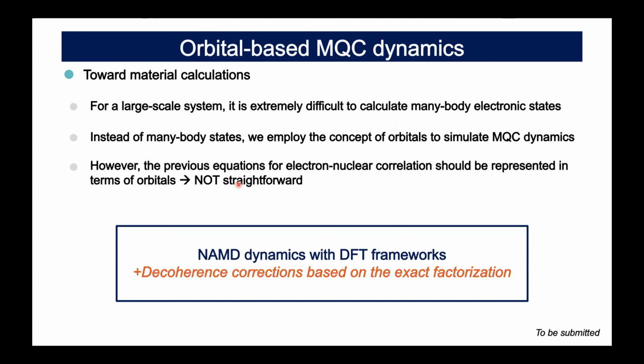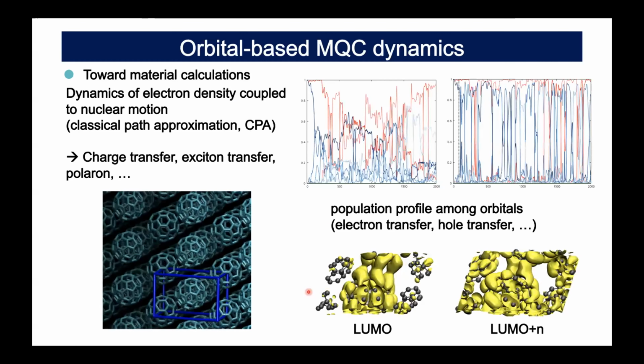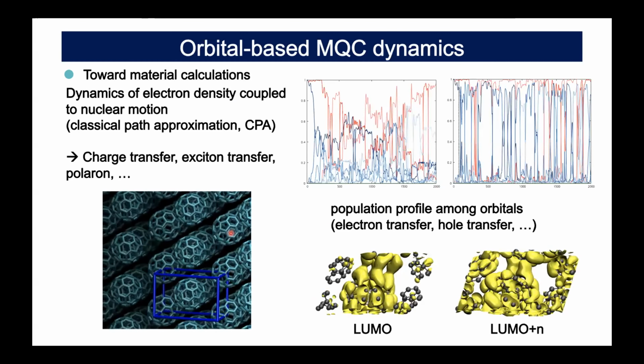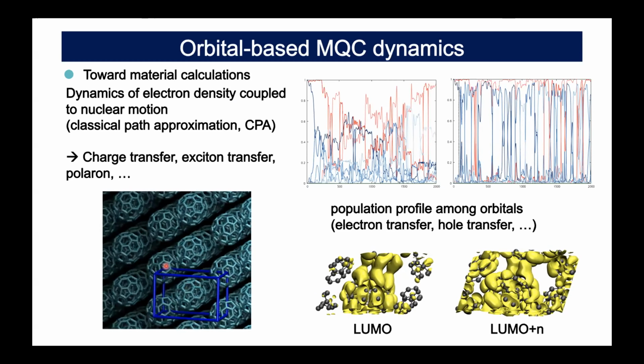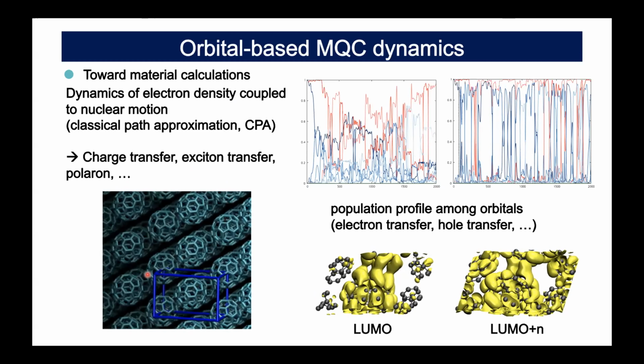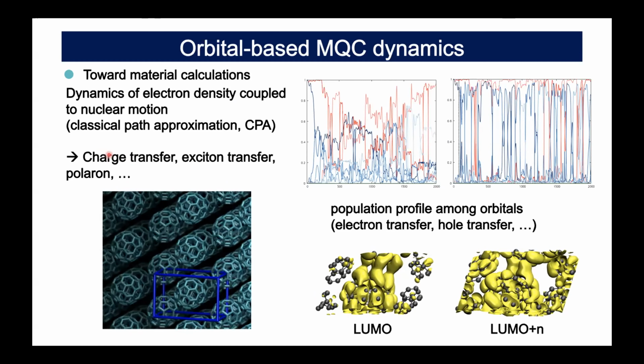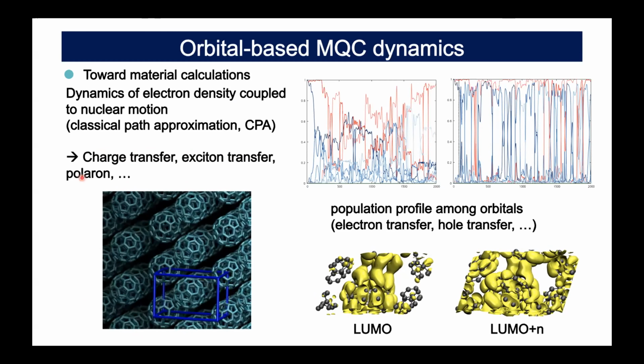However, this one is under development, and the equation is almost done. So I'm going to introduce this nonadiabatic dynamics with the DFT framework, plus these decoherence corrections based on the factorization. This is going to be very interesting if it is finished. Currently, we are dealing with a system like C60, a simple candidate of photovoltaic cells, and we want to deal with the charge transfer, the exciton transfer, or polarons.